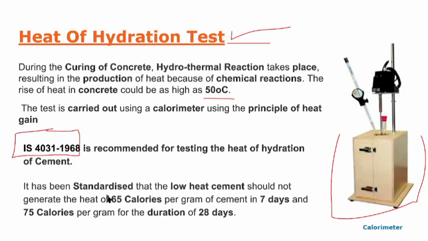It has been standardized that the low heat cement should not generate the heat of 65 calories per gram of cement in 7 days and 75 calories in 28 days. The heat should be less than 65 calories for 7 days and less than 75 calories for 28 days. That's it.